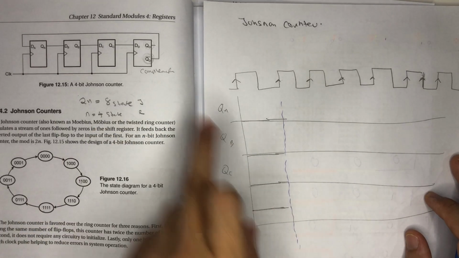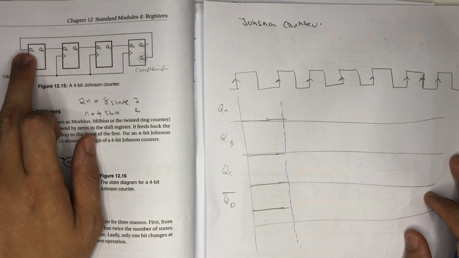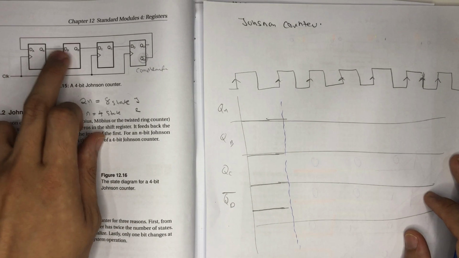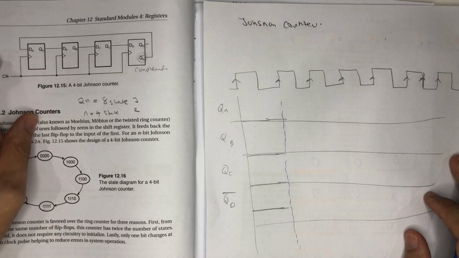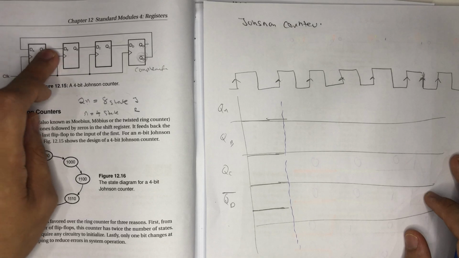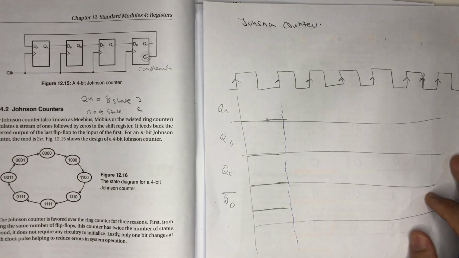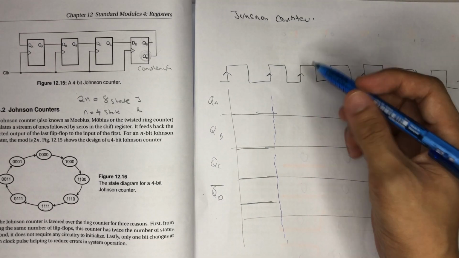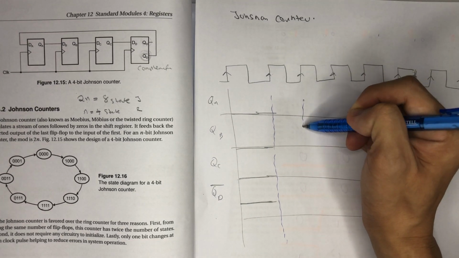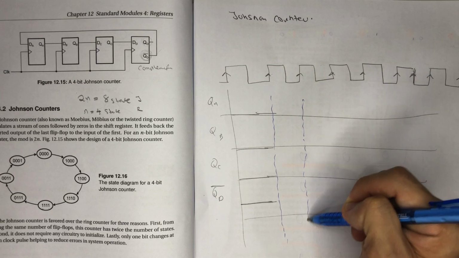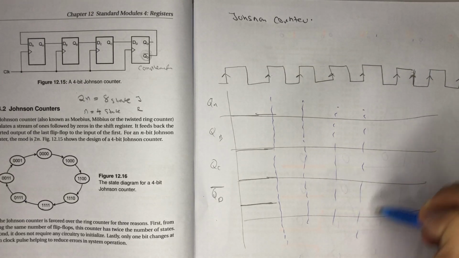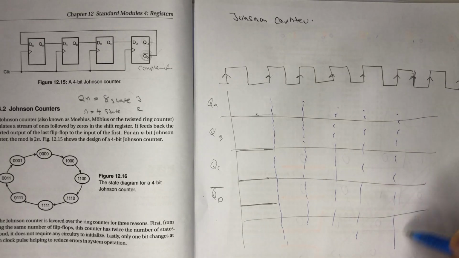Because this is 1, the 1 will go to here. What happened to 1 here? 1 will be 1 here. I make it like this first so that it is easy to see.